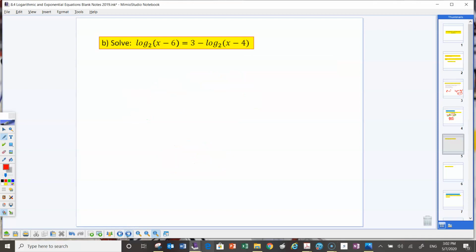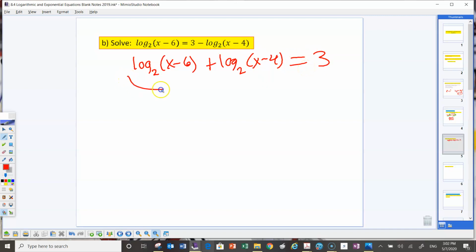Okay, in our next example, notice not every term has a logarithm. So in this case I want to get all the logarithms on one side. So I'm going to add the log base 2 to the left-hand side and just have the 3 by itself. Now I can combine those two using my product law for logarithms.